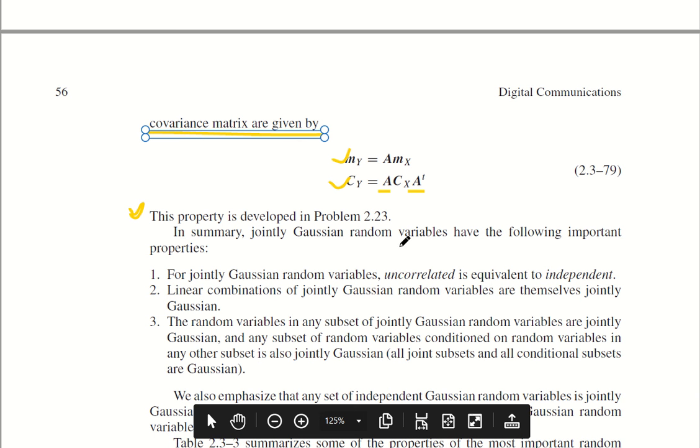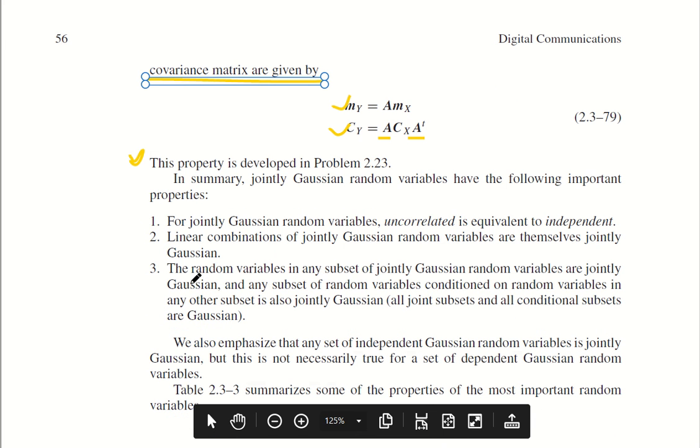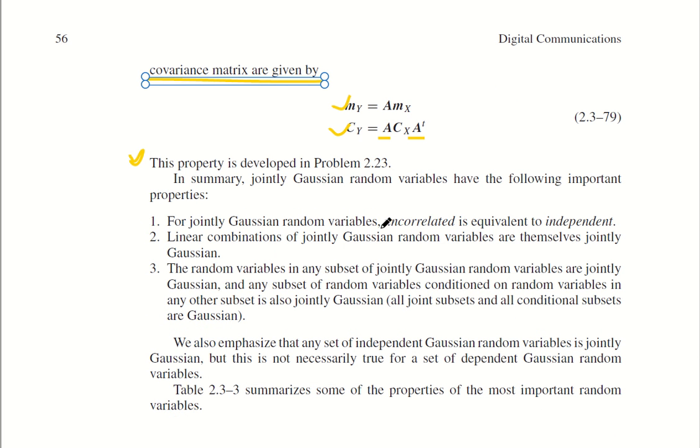So in summary, the joint Gaussian has the following properties. For jointly Gaussian, uncorrelated means independence. A linear combination of Gaussians is Gaussian. The random variables in any subset of jointly Gaussian variables are jointly Gaussian.